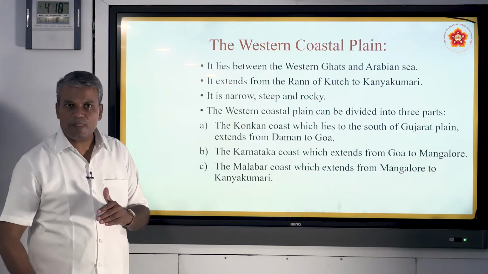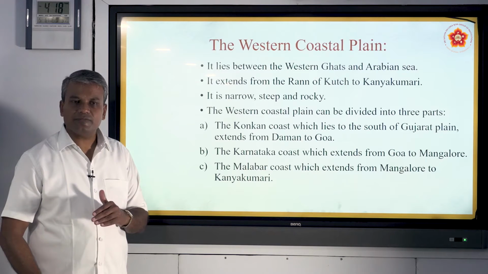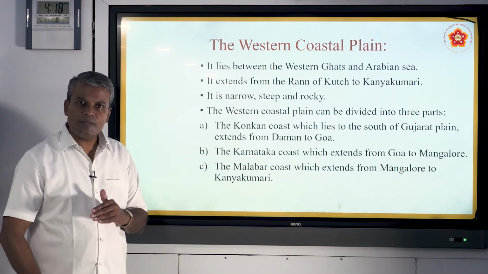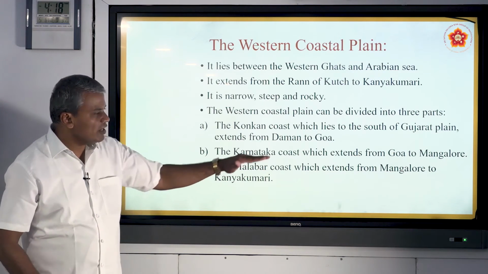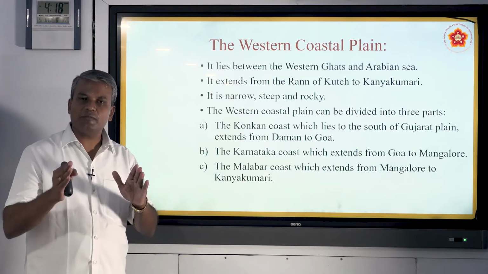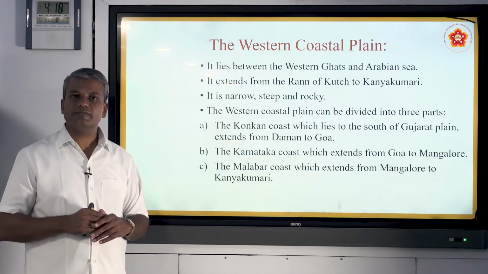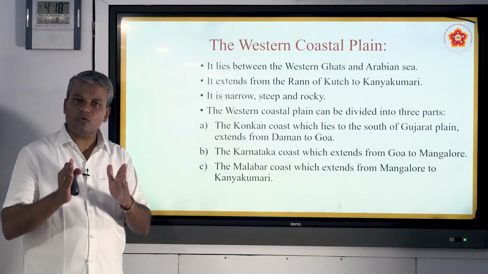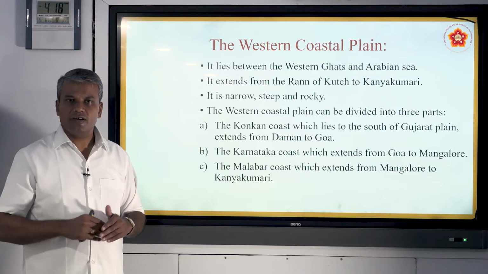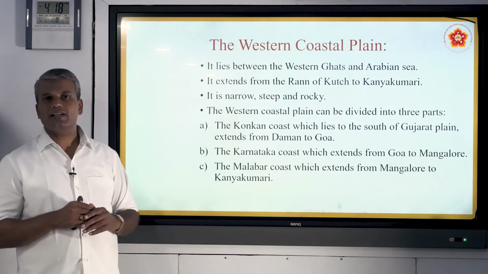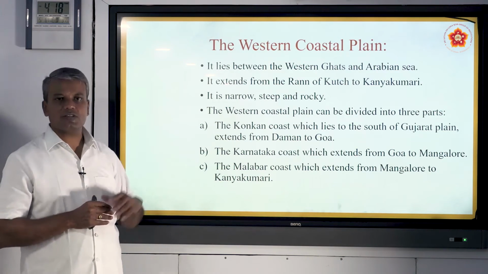If you come from south, from Kanyakumari to Mangalore, it is called Malabar coast. From Mangalore to Goa, it is called Karnataka coast or Kannada coast. From Goa to Gujarat, it is called the Konkan coast.